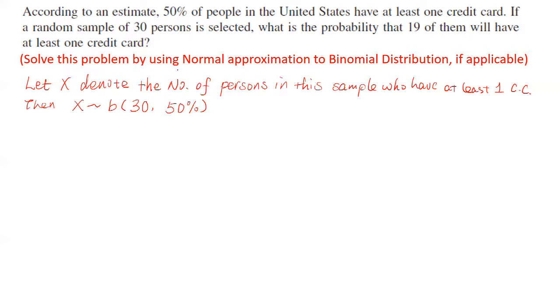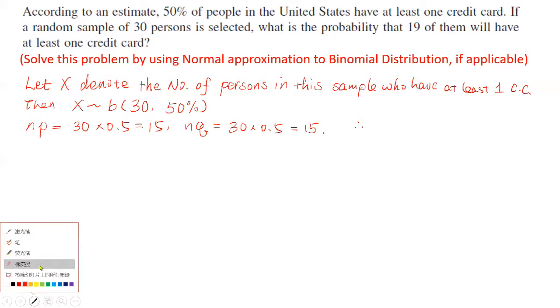And then whether we can use a normal approximation, we need to check np and nq, right? np is 30 times 0.5, which is 15. nq here is 30 times 0.5, which is also 15, right? So here we can use normal approximation.